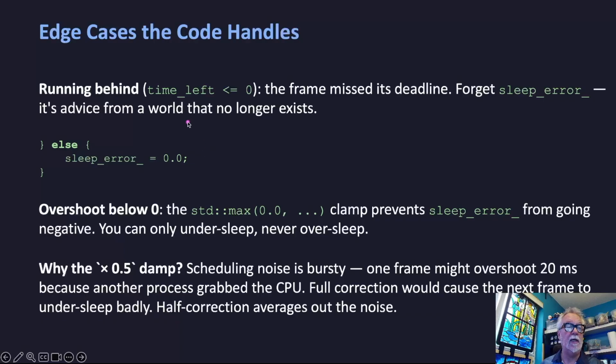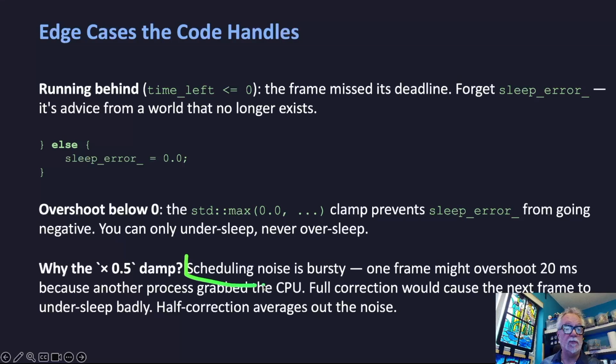So if we're running behind, we're running over budget, we can't do anything. We just have to reset everything. So we set the sleep error to be 0. We also make sure that if the sleep comes back in early, we don't want to be under-asking for sleep time.